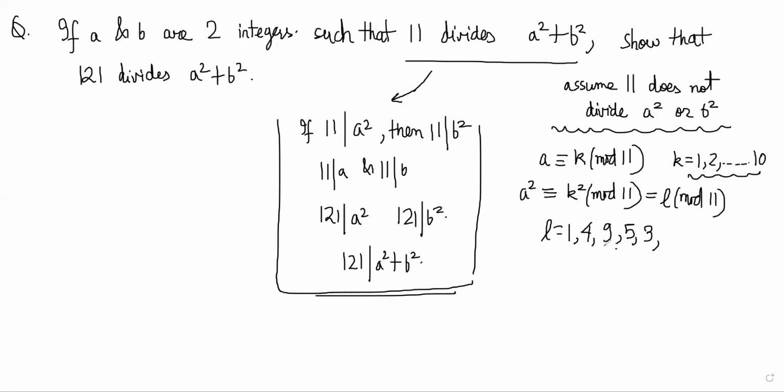And 10 square is 100, which is 1. So L can be this, so A square is coming out to be 1, 4, 9, 5 or 3.